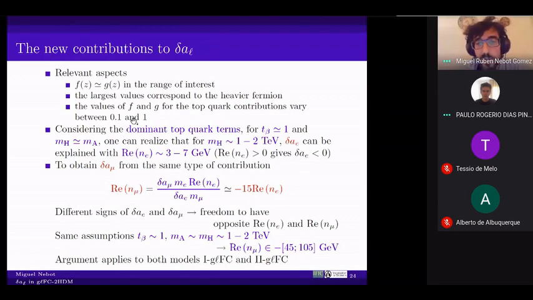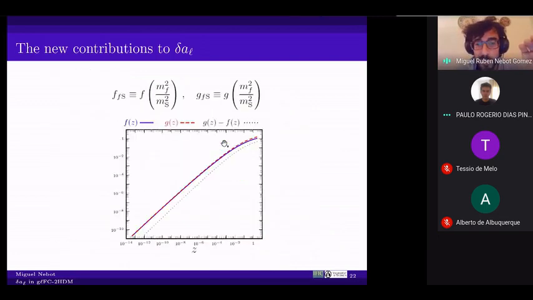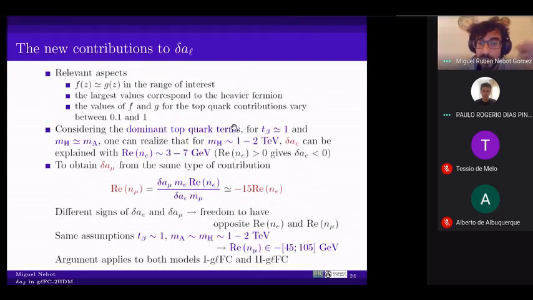If you just consider the top quark terms, the first guess is to take tan beta of order 1, take the neutral scalar with similar masses, and then one realizes that with the function that I had here, for masses in that range, 1 to 2 TeV, one can indeed reproduce this electron anomaly with couplings which are modest compared to the electroweak breaking scale.